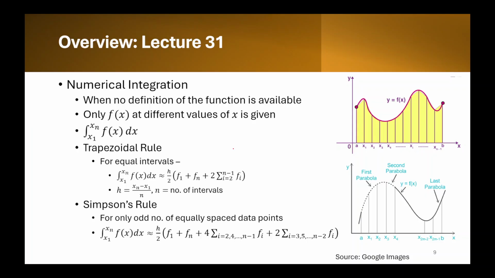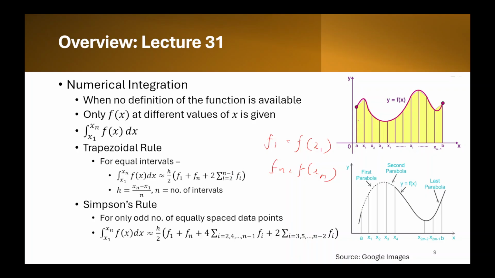For equal intervals, the area under the curve using the trapezoidal rule is given here: h by 2 into (f1 plus fn), where f1 is f at x1 and fn is f at xn, plus twice the summation of fi from i equals 2 to n minus 1.